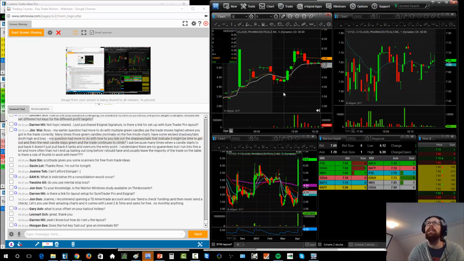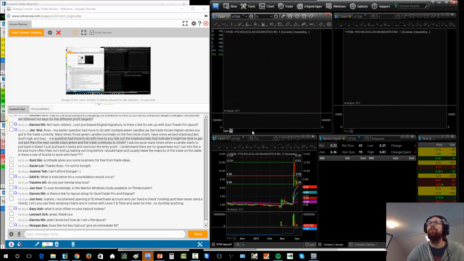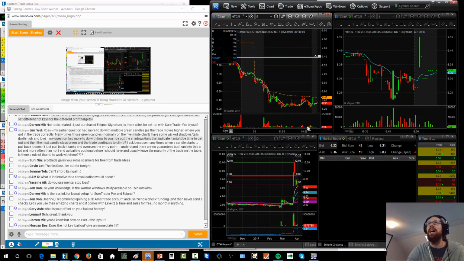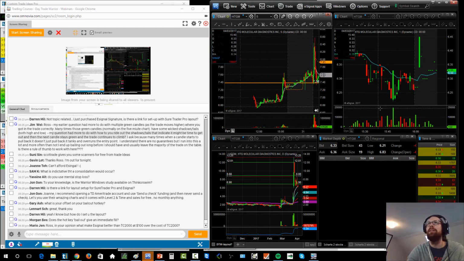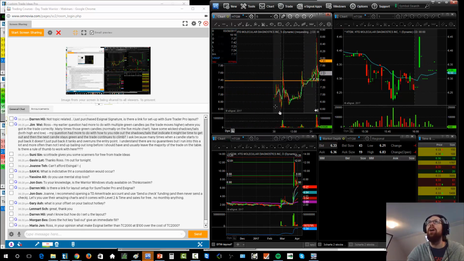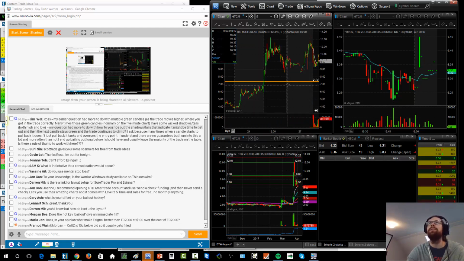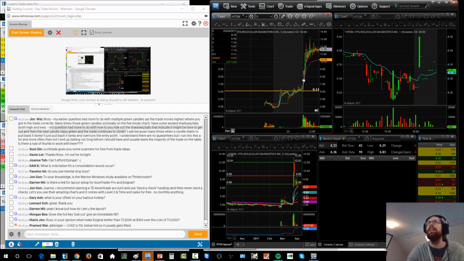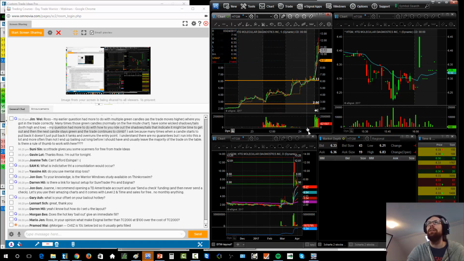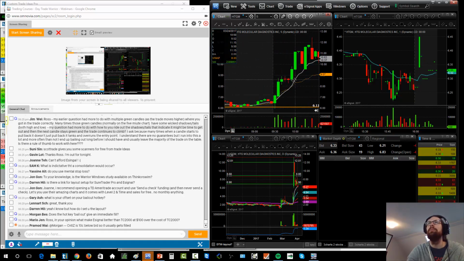Let's see, maybe HTGM. I'm trying to think of a good one. There are definitely times where when you look at the 5 minute time frame, you could say, look, this stock didn't make a new low on the 5 minute chart for 5 candles. But then when you actually look at those 5 candles, you realize that they had some pretty big wicks.